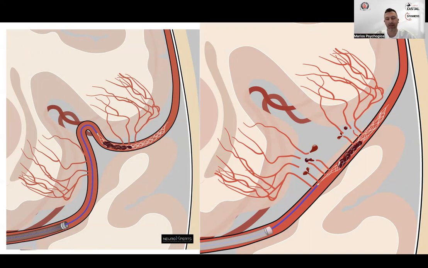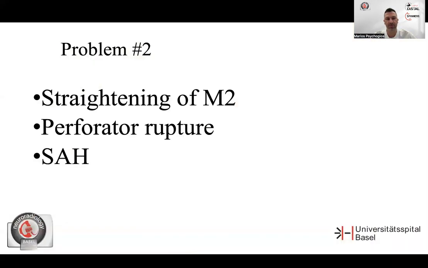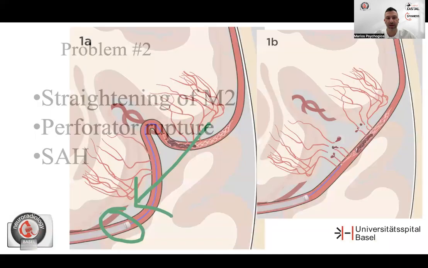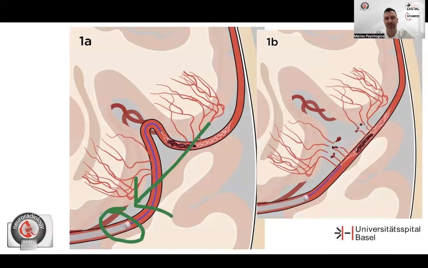And one thing that we try to do, and how we try to overcome this problem, this straightening of the M2 and this perforator rupture, is that we try to minimize the forces applied to the curves.